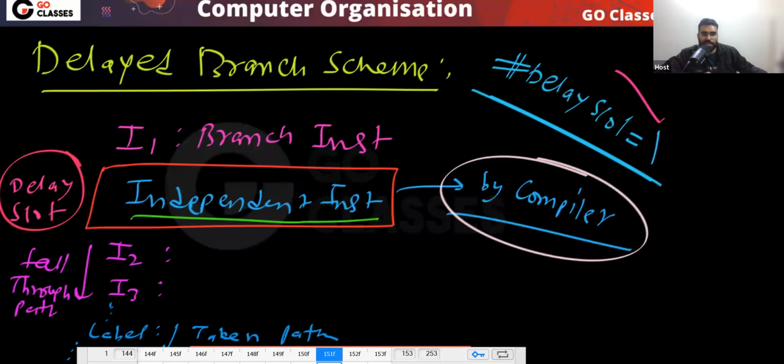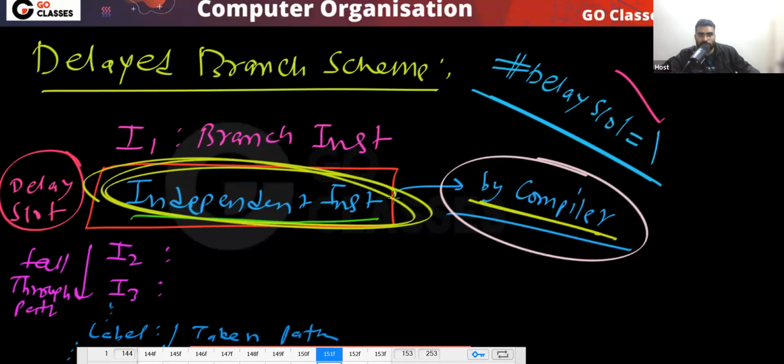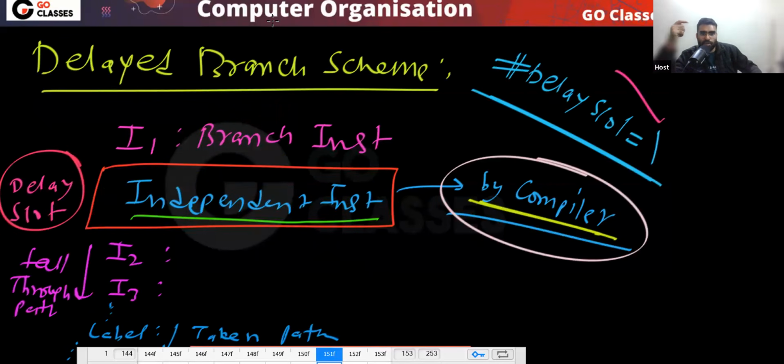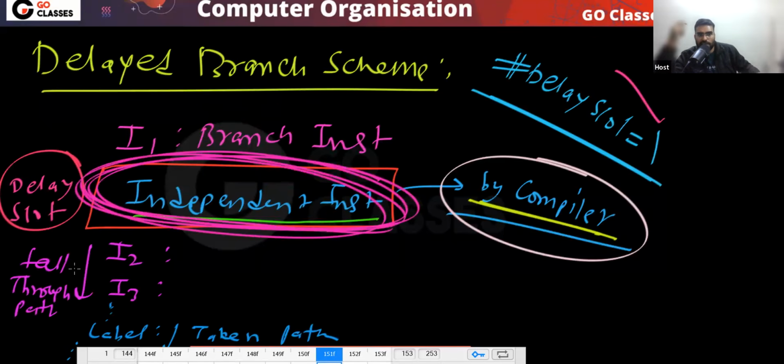I am telling you a very simple point. This is the branch instruction. The compiler is going to choose a suitable instruction, and that instruction will be put in the delay slot. KS is asking about independent. Yes, independent means some suitable instruction which does not affect anything.